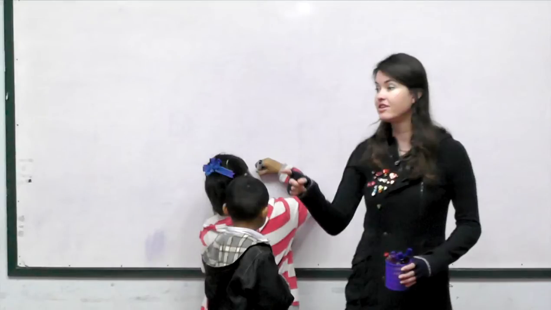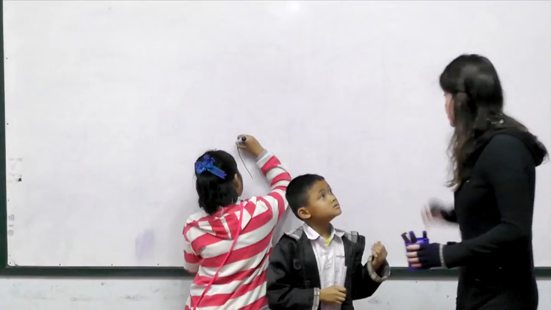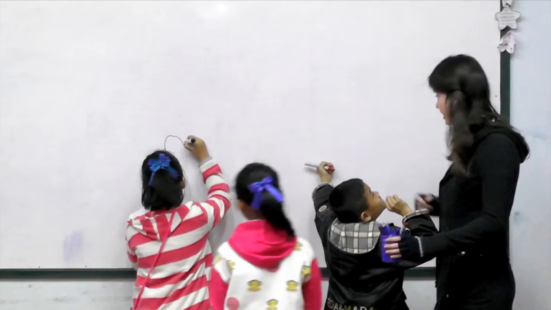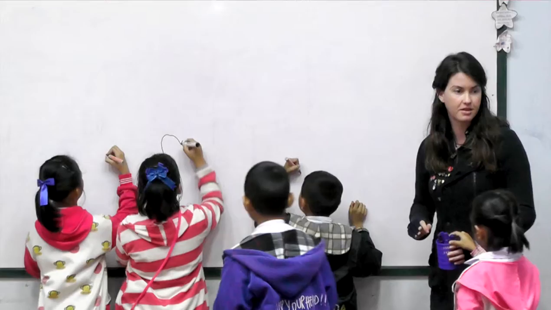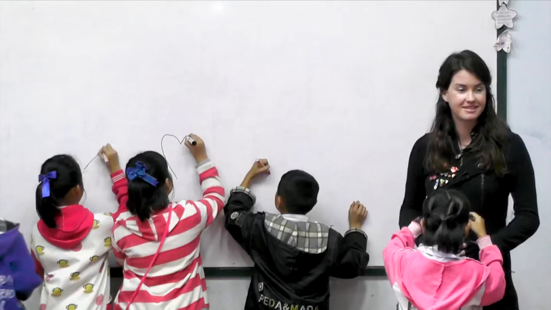Okay. A diamond, okay. Can you draw a triangle for us? What can you draw for us? Rectangle. Draw a rectangle for us.